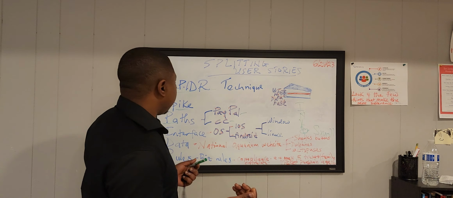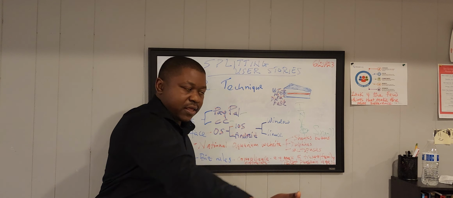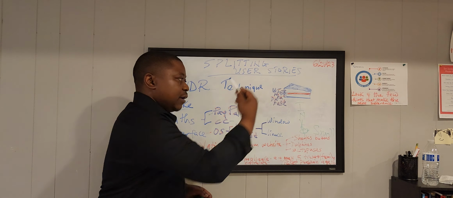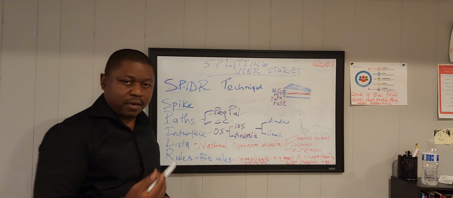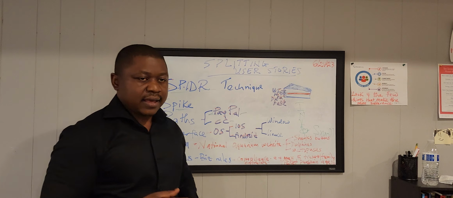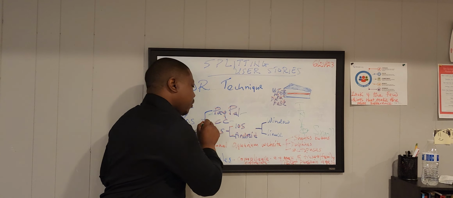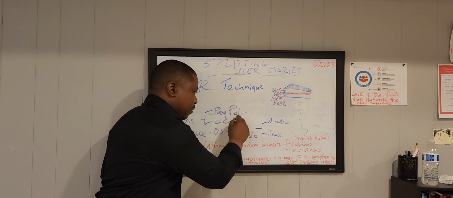So if you are building an application, one user story can have a payment button or a payment drop down that you can select PayPal as the payment option. And then another independent user story can have the payment option which you can select a credit card payment method or a debit card payment method.